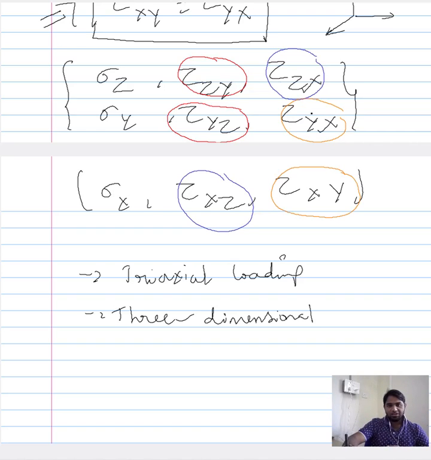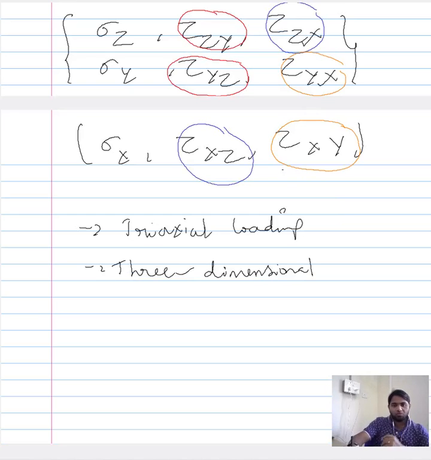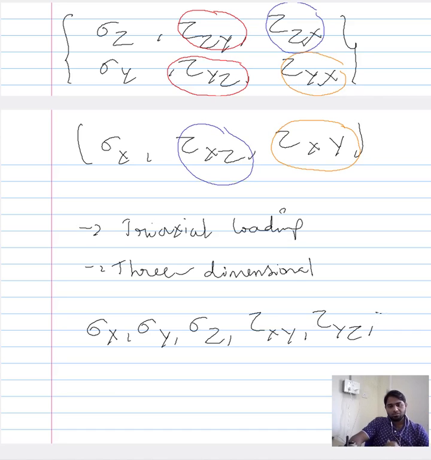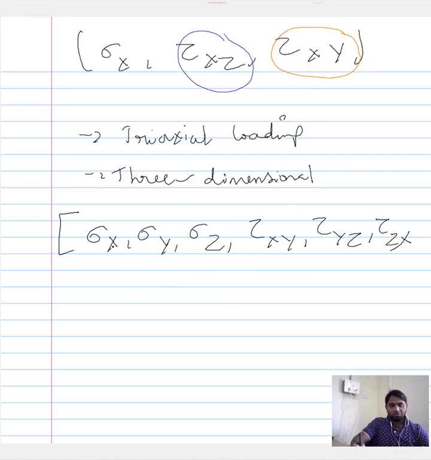So since these are equal, we can write the required number of components in a way that is easier for you to understand: sigma x, sigma y and sigma z, tau xy, tau yz and tau zx. So what we have done is we have reduced the 9 components to 6 components by considering a single point that is rotationally stable.